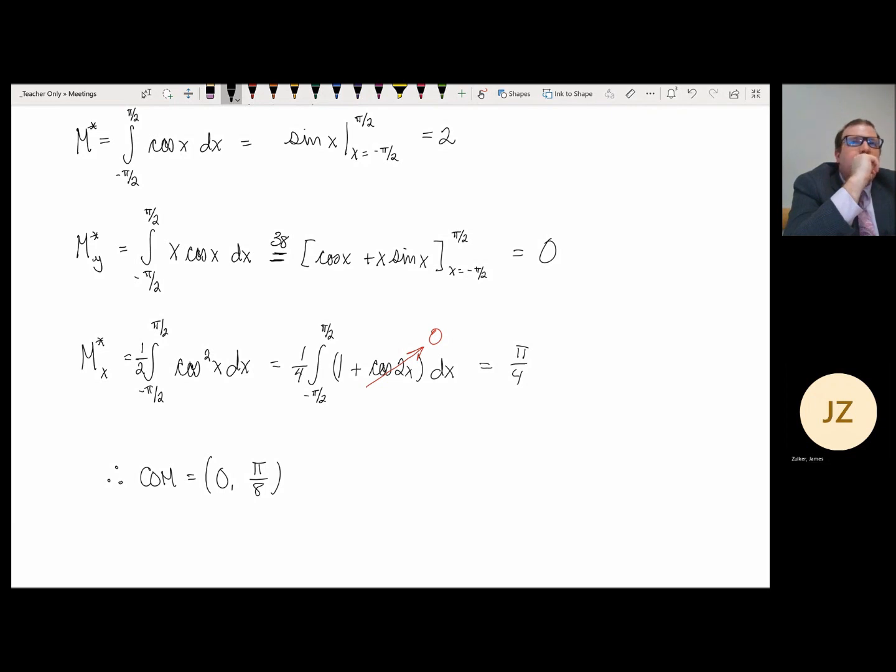X bar is the y moment divided by mass. No, it's pi over 4 because of the 1/4. The integral from minus pi over 2 to pi over 2 of 1 is just pi. No, it's pi over 4 because I'm multiplying by a 4th. But if you just integrate 1, it's pi.